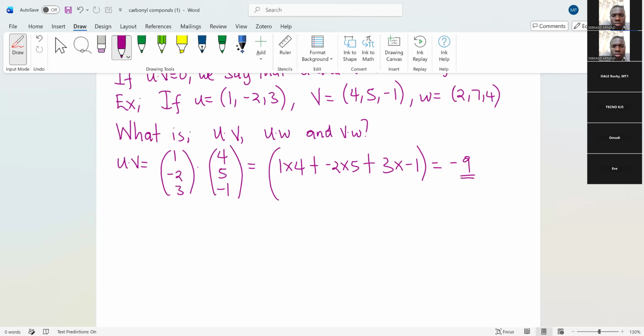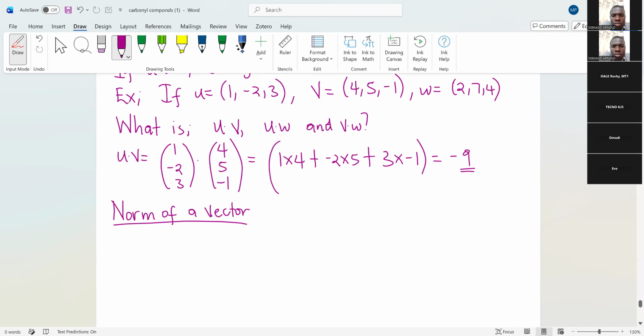Then which other technicality should I comment on? There's what we call the norm of a vector. So what is it?